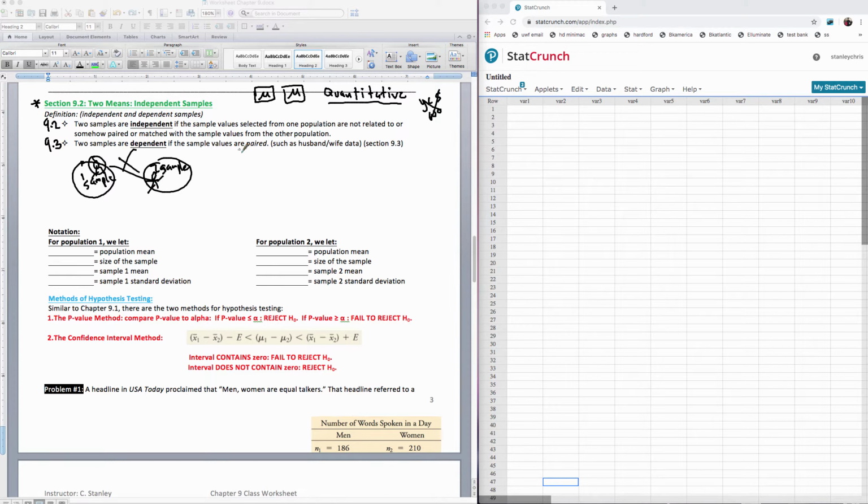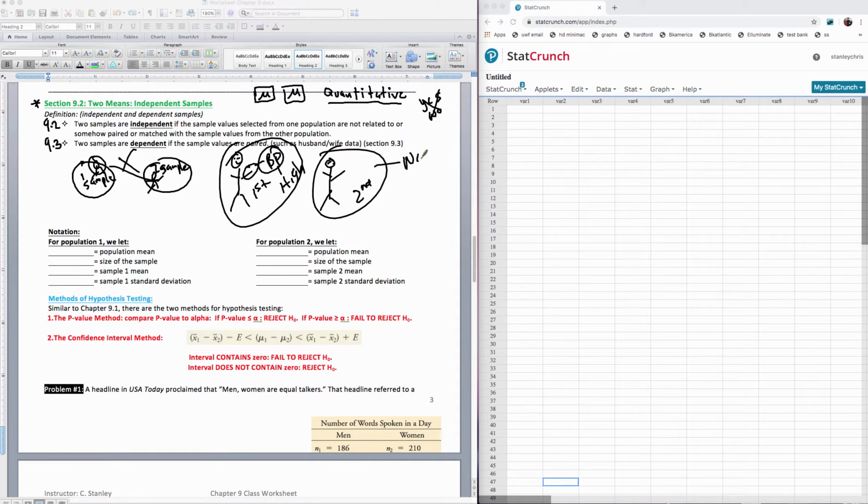So if that person's from the first sample, and this person's from the second sample, and let's say we measure this person's blood pressure and it's high. Since this guy or girl has nothing to do with that guy or girl, they're not related. Meaning that if you know they have high blood pressure, does that have any effect on this person over here? And that's no. So they're independent.